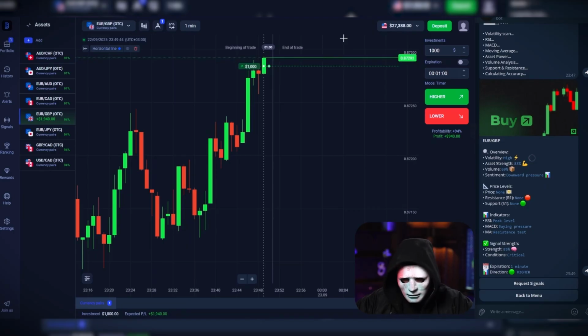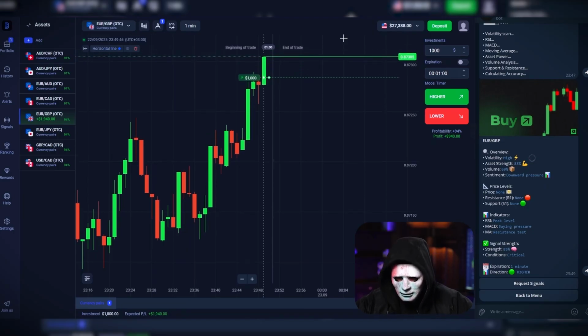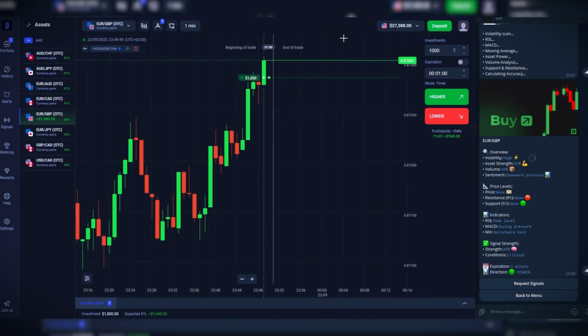And by the way, it even writes them. If you take a look, you'll see where it writes the indicators. It writes them and explains why exactly the signal is for a buy.